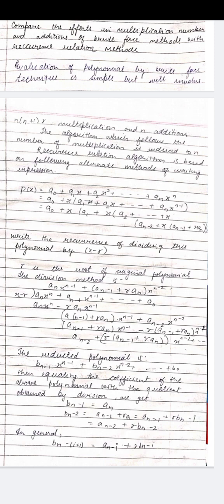The reduced polynomial is bn minus 1 x to the power n minus 1 plus bn minus 2 x to the power n minus 2 plus ... plus b0.